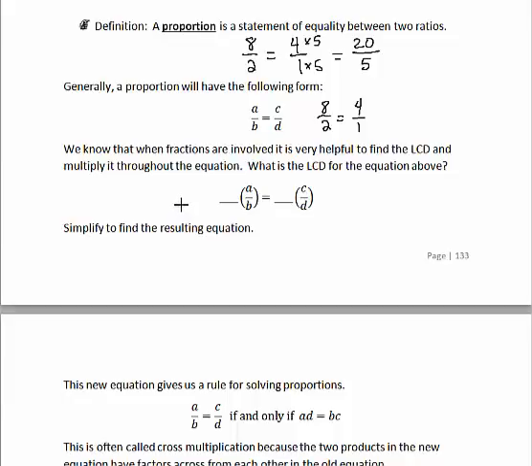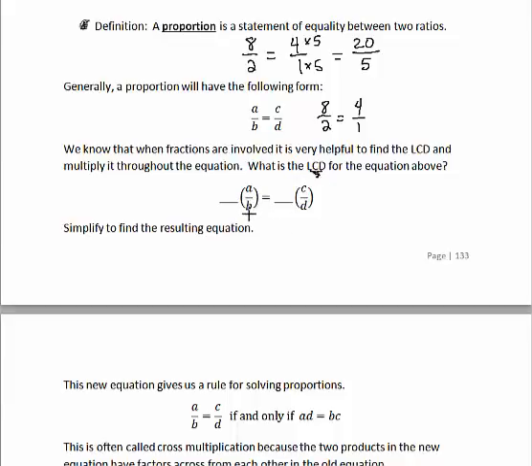So how do we solve proportions? Obviously what we're dealing with could be considered an equation. We can do the same thing that we always do when we have an equation with fractions. We multiply by the lowest common denominator.